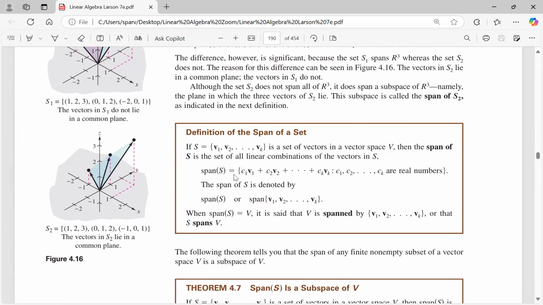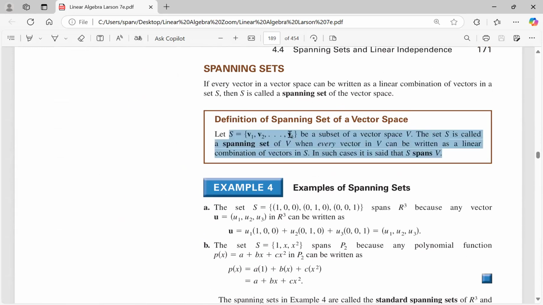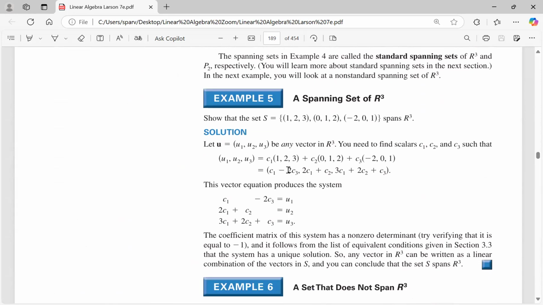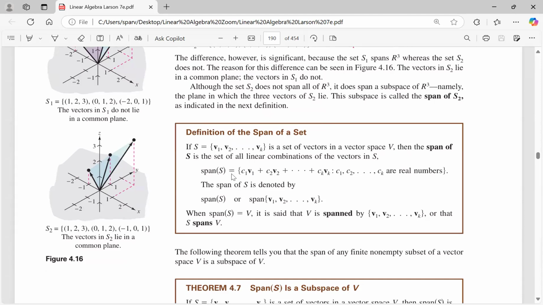Remember, S had v1, v2, up to vk. All linear combinations of these among themselves is what's called the span of the set S. This is how they write it.